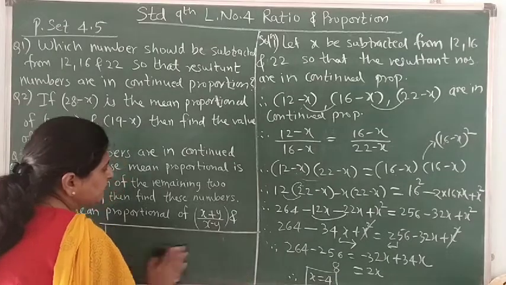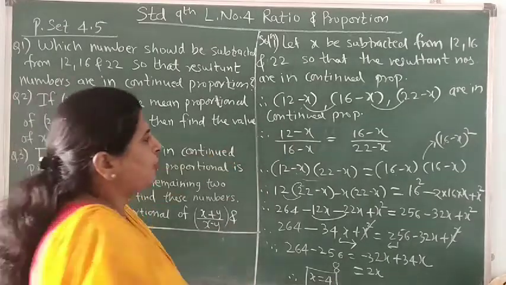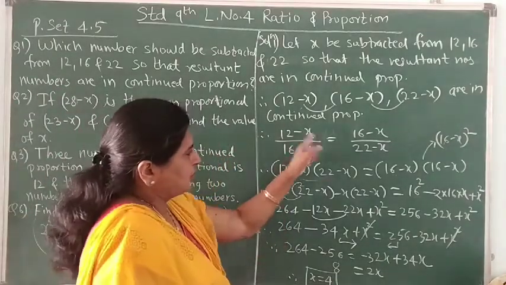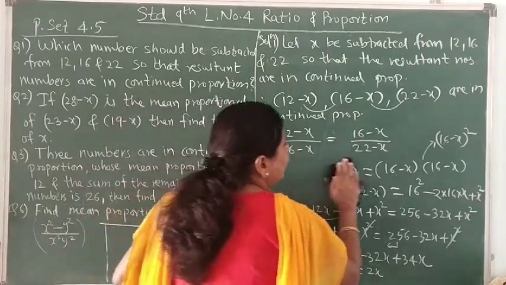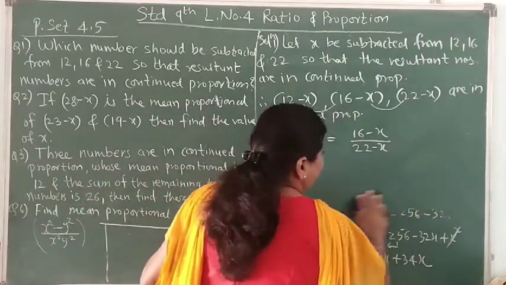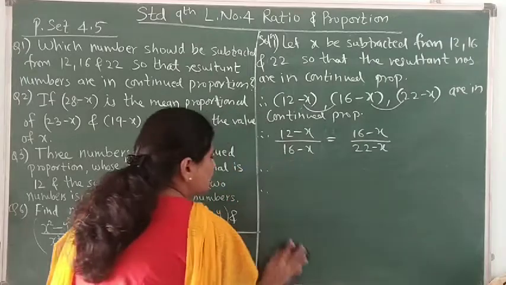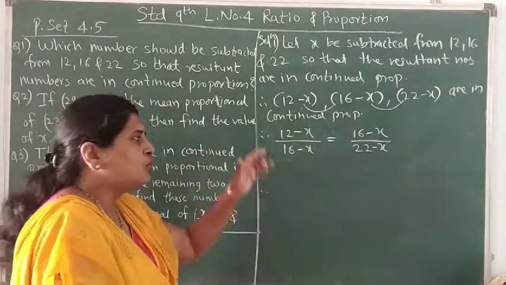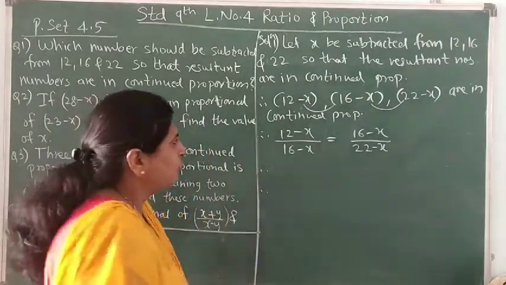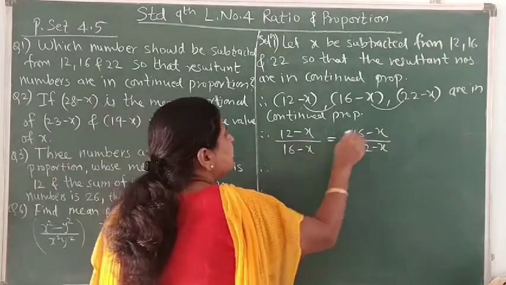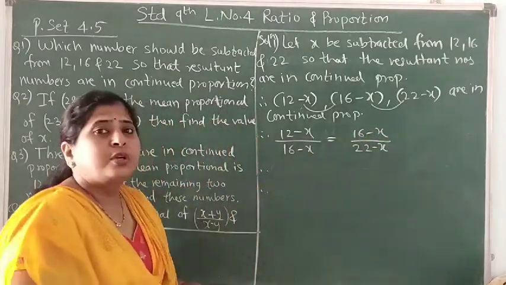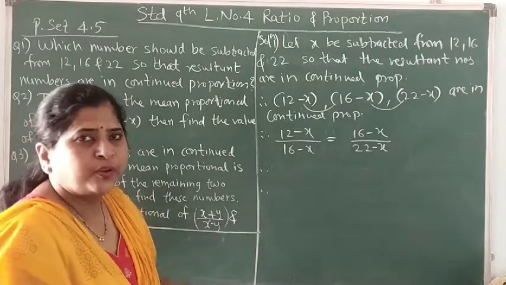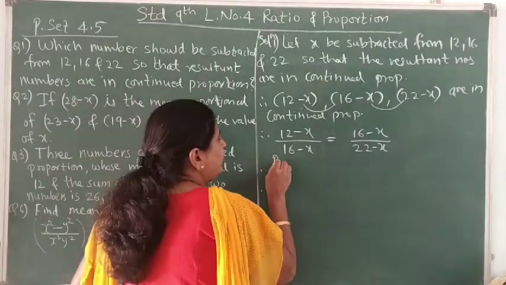Now I want to explain how this sum can be done in different ways. So this was cross multiplication. One more method I want to tell you, just to reduce the calculation part. Here, as it is minus x, we can apply dividendo.